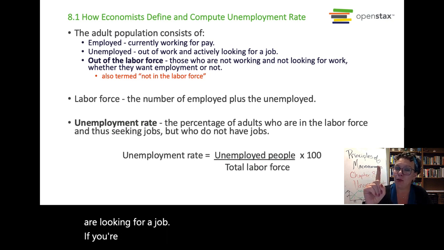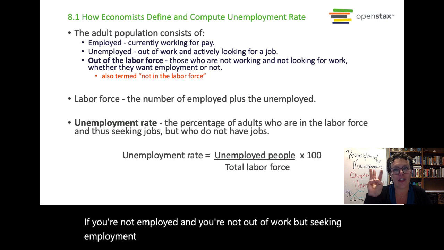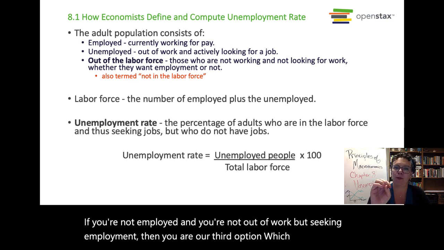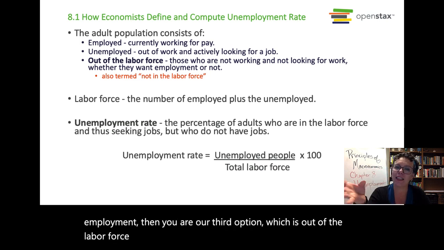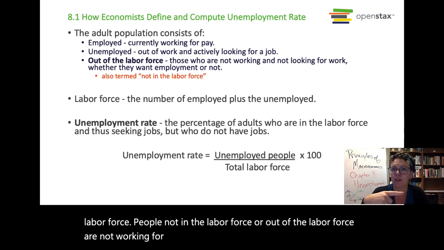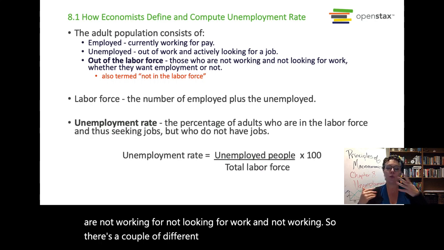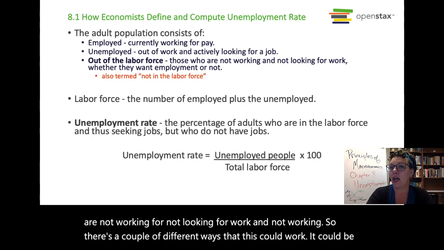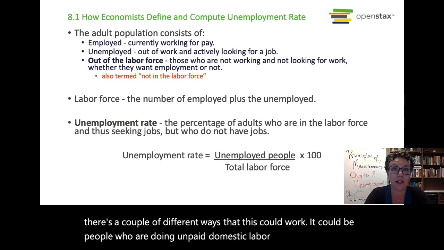If you're not employed and you're not out of work but seeking employment, then you are our third option, which is out of the labor force. People not in the labor force are not looking for work and not working. So there's a couple of different ways that this could work. It could be people who are doing unpaid domestic labor at home, so stay-at-home parents.